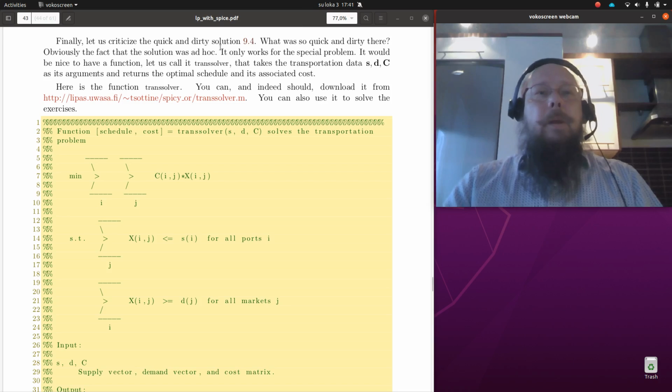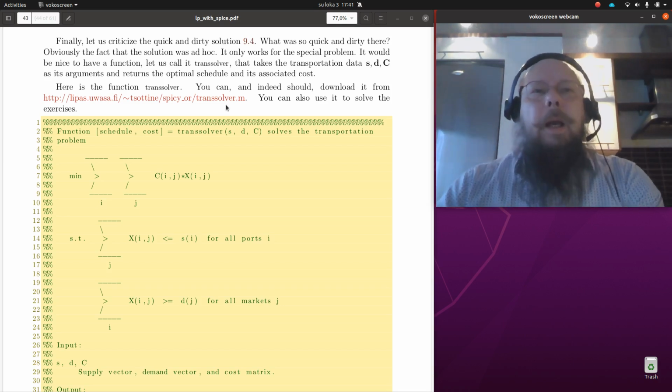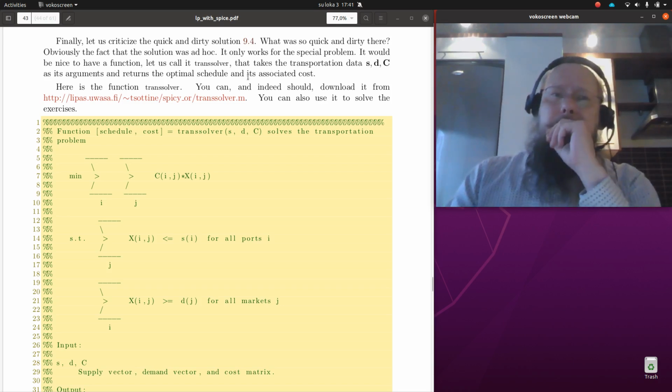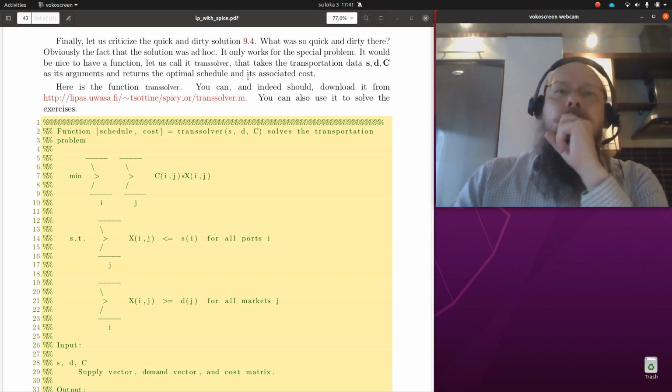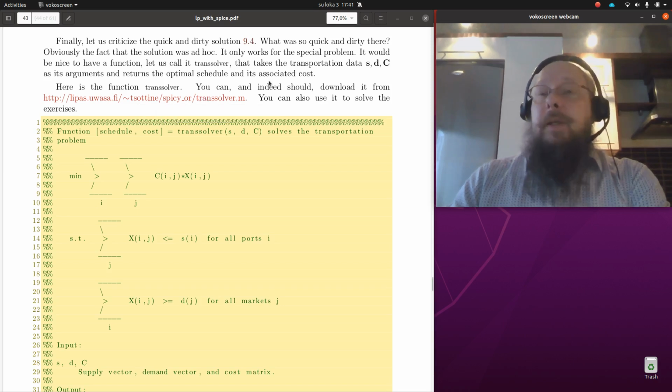So we have a function. I call it trans solver. You can download it from here. So it's a function m file, transsolver.m, and that takes in the transportation problem data, supplies, demands, and cost matrix, and returns the optimal schedule and its associated cost. And indeed, you should download it from here, and after that it is at your disposal.